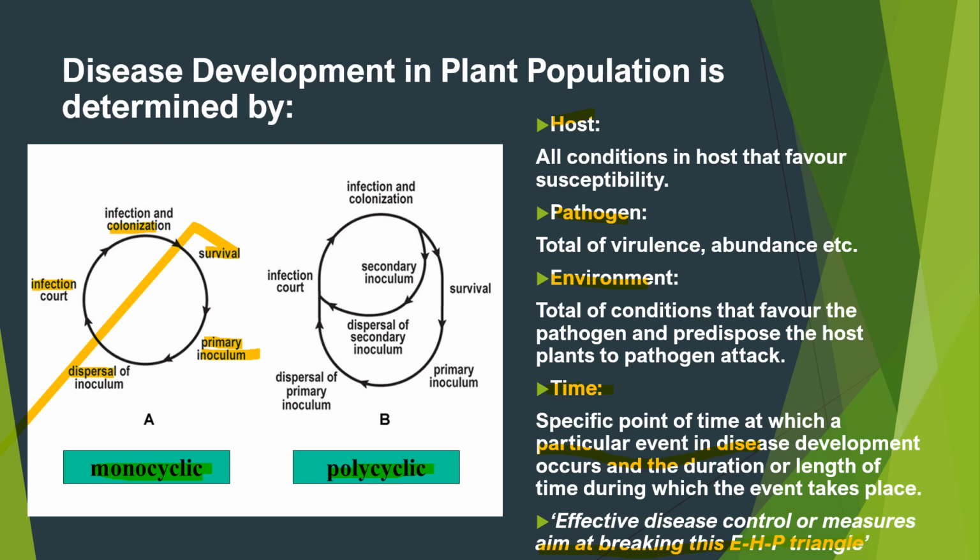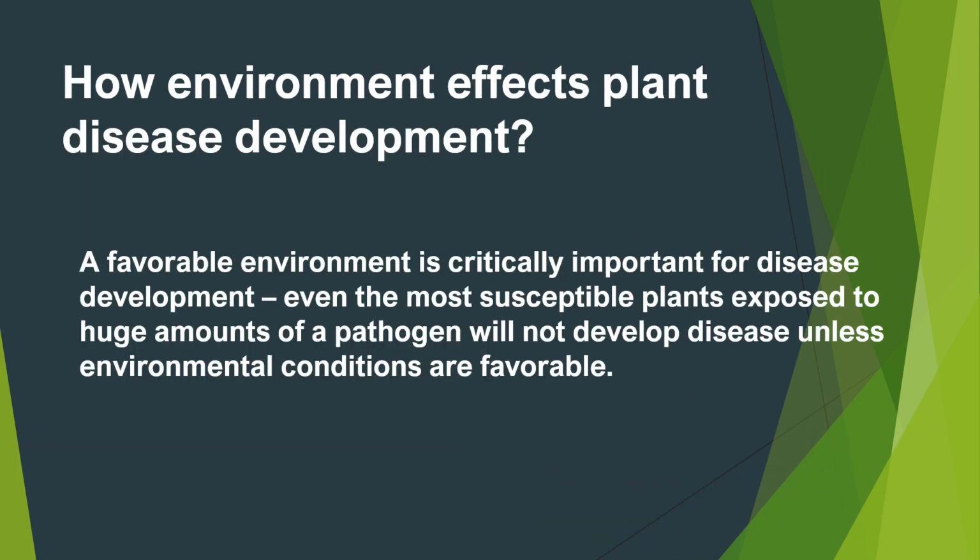Now, monocyclic and polycyclic diseases also depend upon the environment. If the environment is conducive to begin another cycle of the disease, the disease will come on repeatedly. Then, how does the environment affect plant disease development? As we just discussed, the environment plays a very critical role in development of the disease.